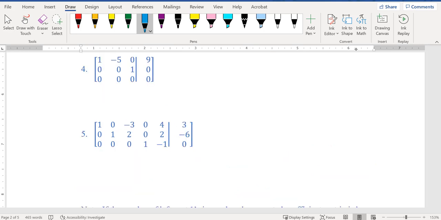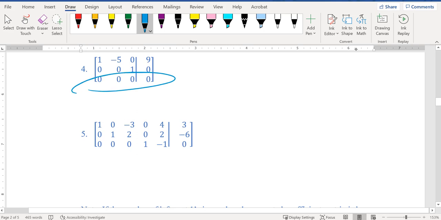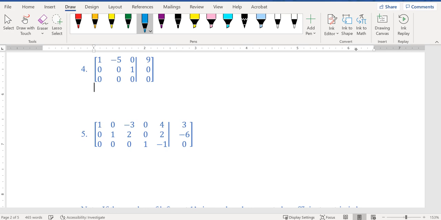Okay, number 4. I see a row of all zeros. So I'm going to have to introduce a parameter, which was that t in example number 3. It's called a parameter. But let's go look at row number 1. Row number 1 tells me that I have x minus 5y equals 9.